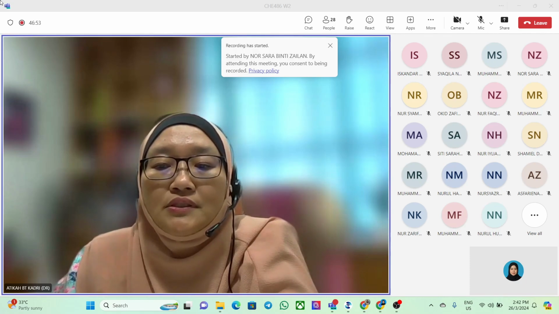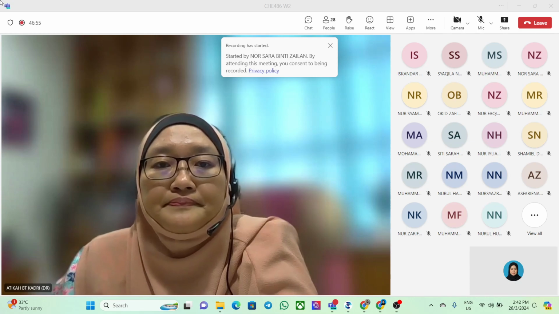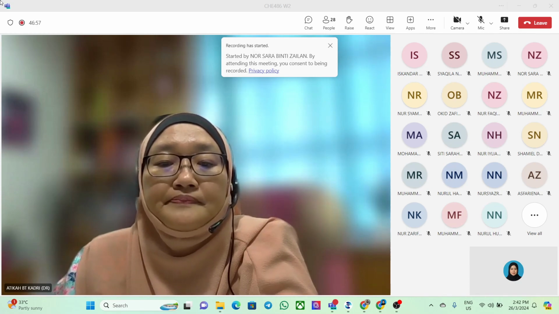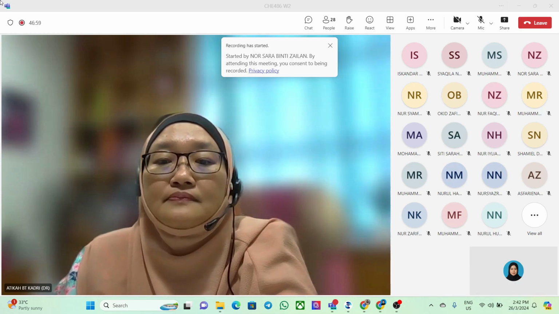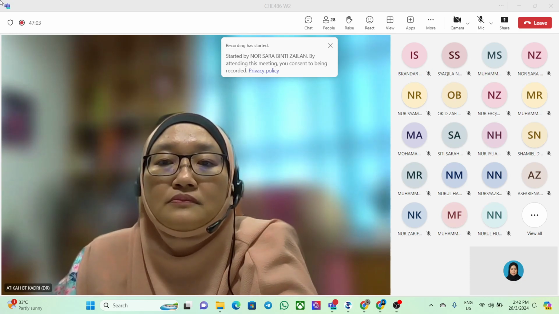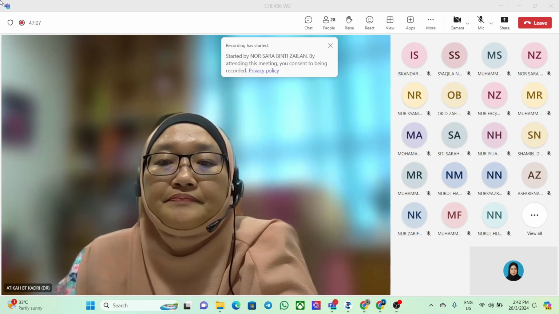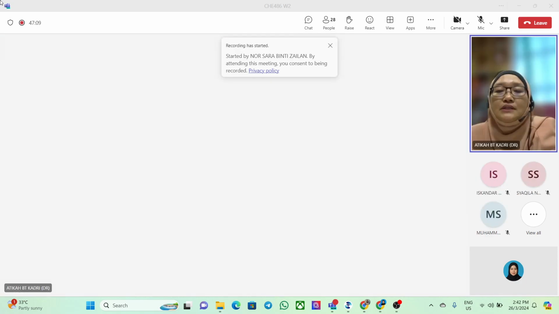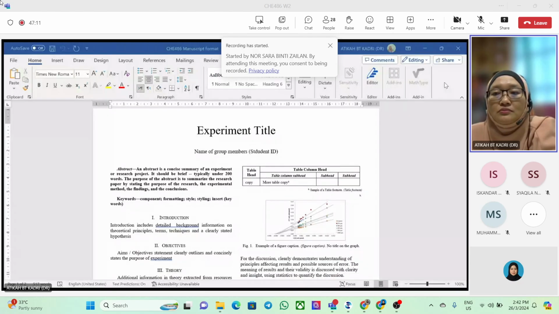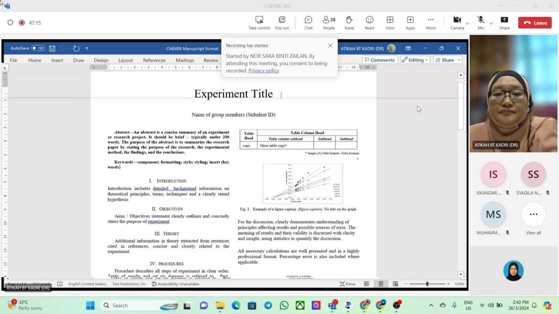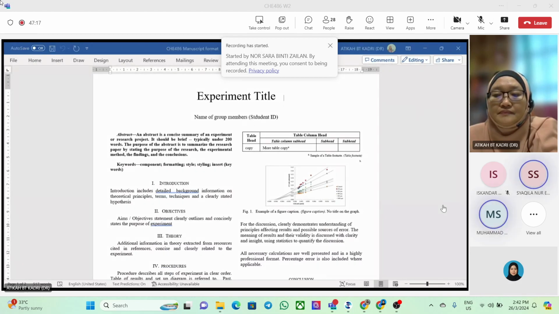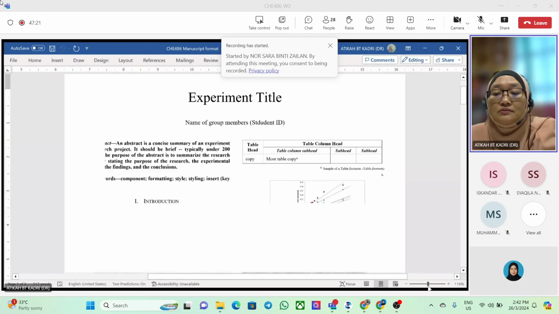Should be manuscript. Okay. All right. Can you see the sample of the manuscript format here? Yes. Okay.